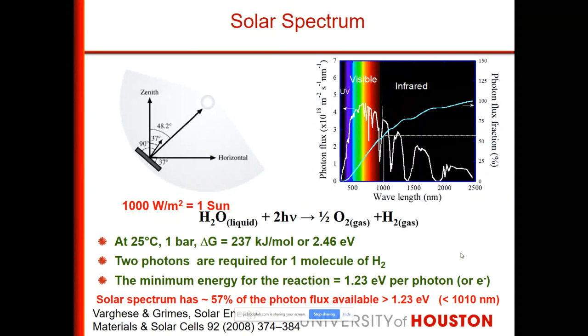But because of other practical reasons, the harvestable wavelengths range up to around 800 nanometers. So we need a material with a band gap around 2 to 2.2 electron volt to absorb light and do the fuel generation process.